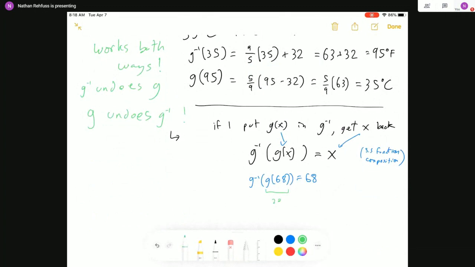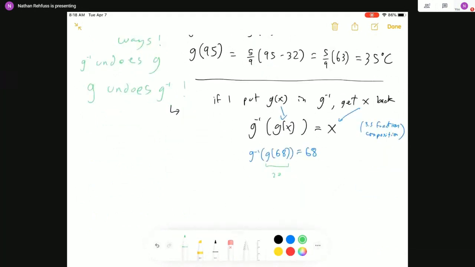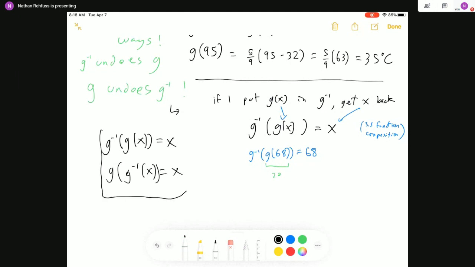And the thing is, this works in the other order too. Since G and G inverse are inverses of each other, I can write G inverse of G of X equals X, or I can write G of G inverse of X equals X. Whichever order I put them in, that's the inverse. So when I say these two functions undo each other, this is how I'd write that mathematically.